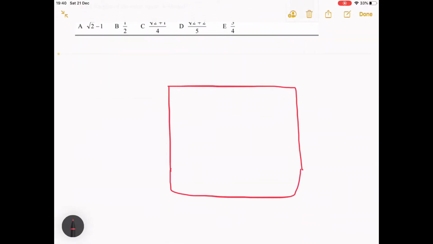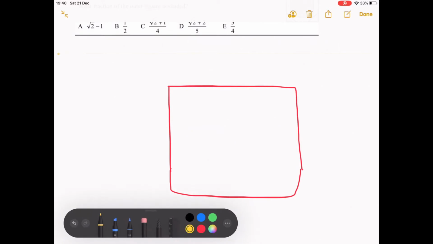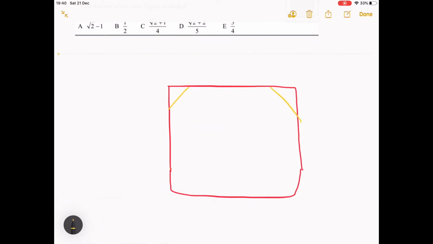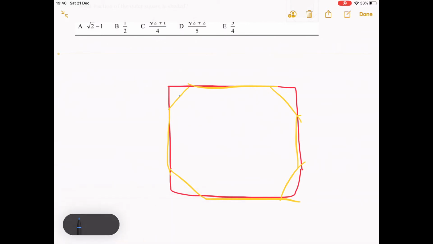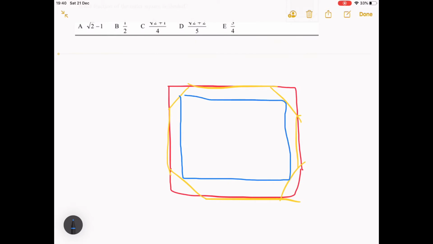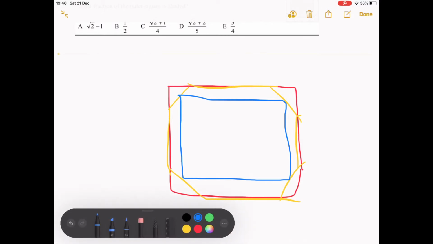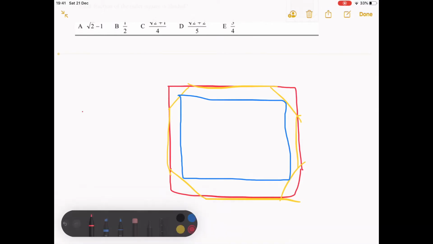And then we have our four triangles here that make our big octagon. And then we have our shaded square in the middle that connects the four midpoints. Anyways, so we first know we can label some sides.